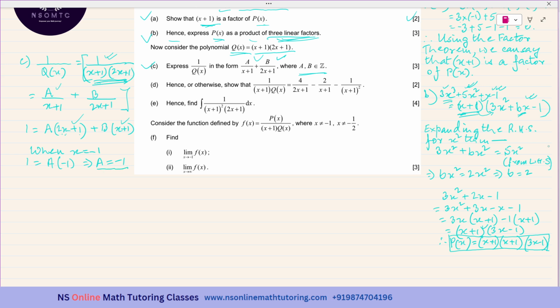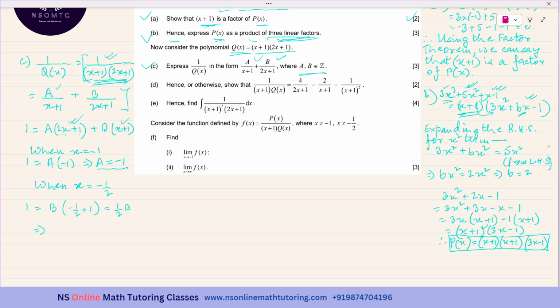Okay. And then for making the other part equal to 0, I have to take x equal to negative half, since 2x plus 1 equal to 0 means x equal to negative half. So now 1 is equal to a times 0, which is 0, plus b times negative half plus 1. 1 minus half is half, so this is half b.